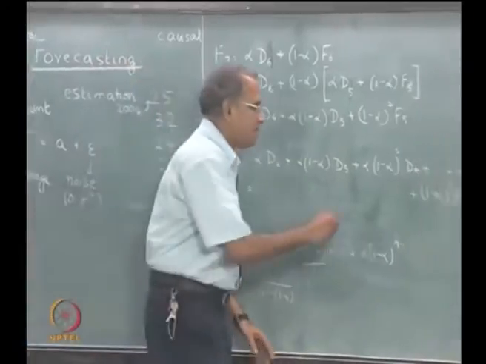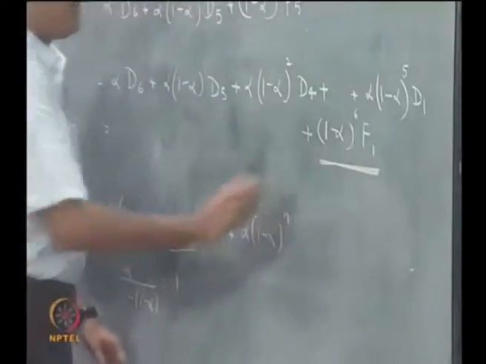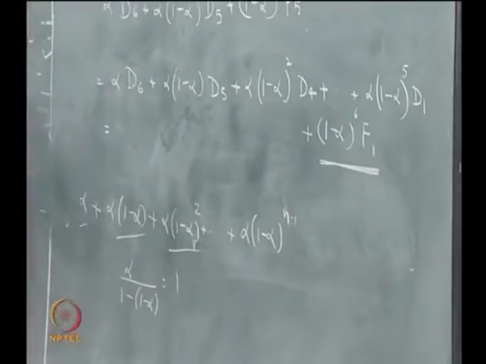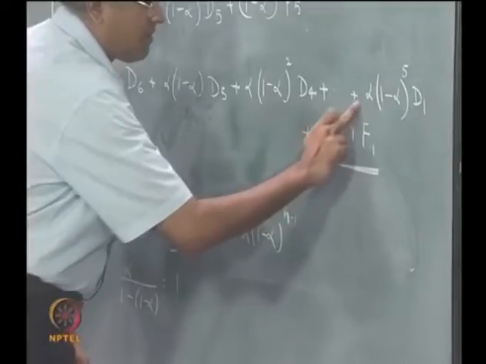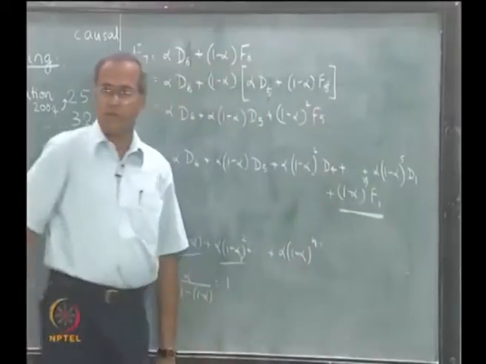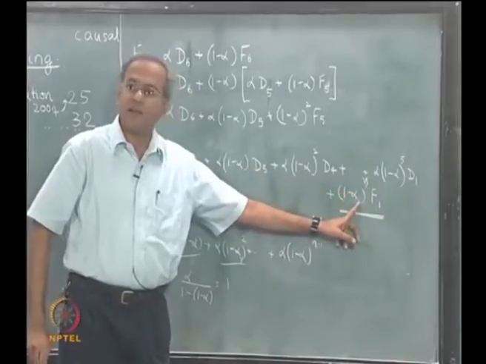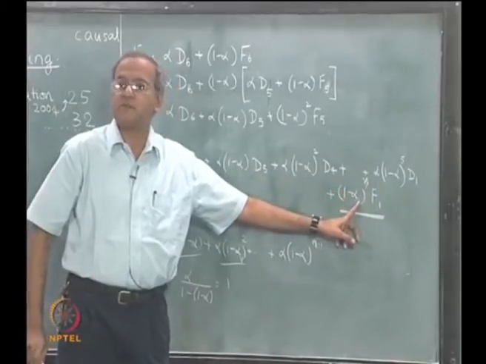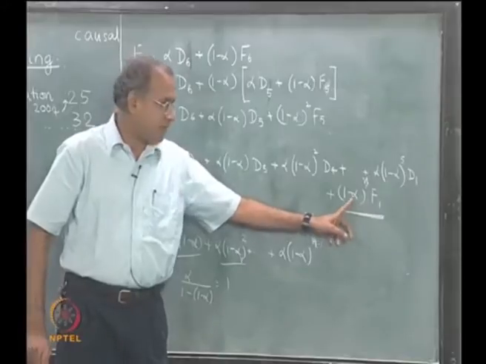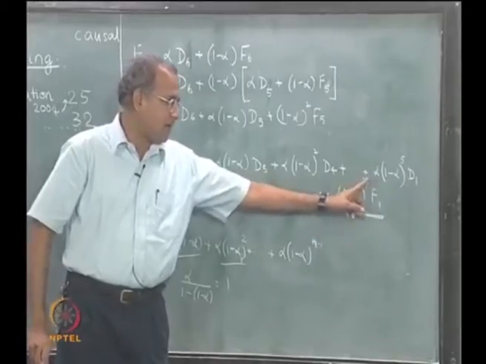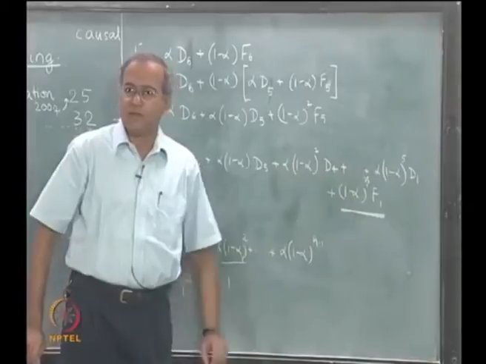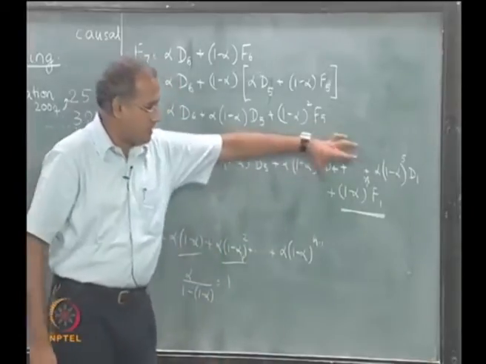But then we also have a term like this, 1 minus alpha to the power 6 f1, and if n is large, this term is 1 minus alpha to the power n into f1. As n is very large, 1 minus alpha to the power n tends to 0, if alpha is smaller than 1, and this can be ignored.